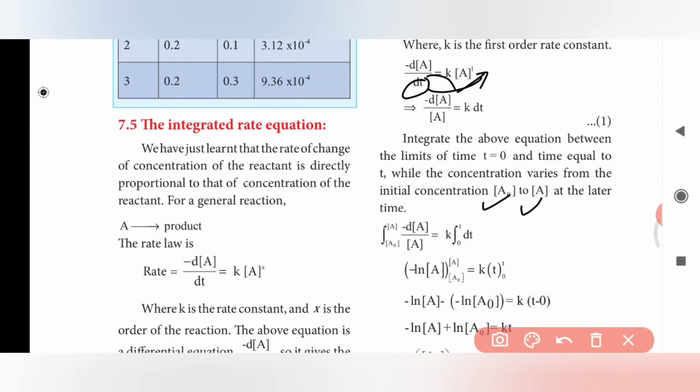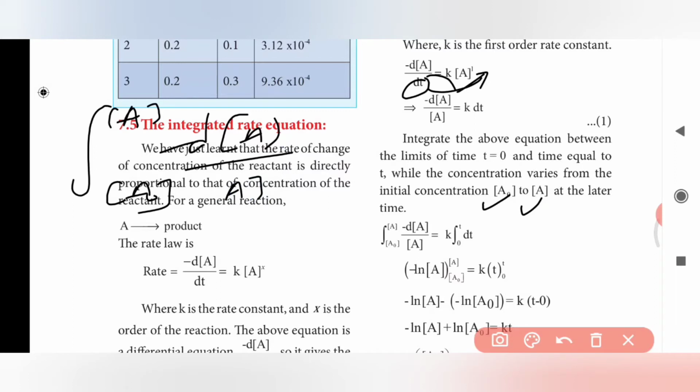On integrating, we get the integral of minus dA by concentration of A, from A0 to A, equal to K times the integral of dt from 0 to t.